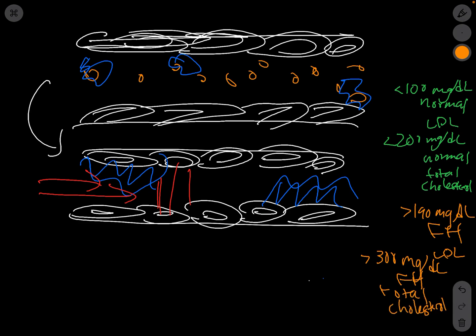You can see how these numbers compare, because in FH there's going to be more cholesterol, and if there's more cholesterol, more plaques can form, just like I talked about earlier. With this decreased blood flow, this can lead to heart attack if blood flow is cut off from the heart, and stroke if blood flow is cut off from the arteries in the brain.